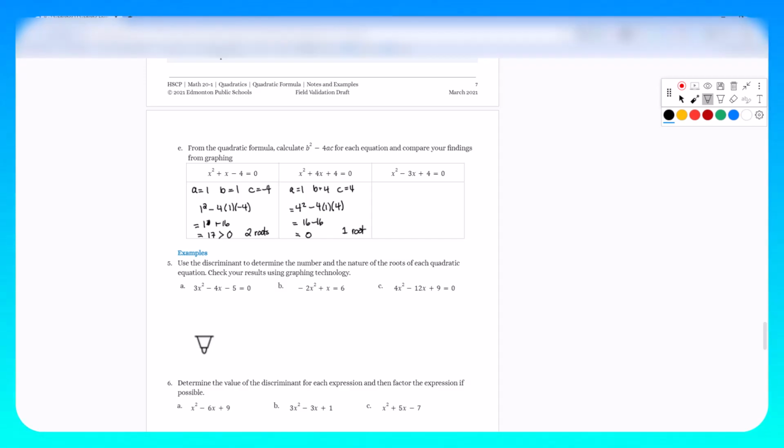And for the last one, a equals 1, b equals -3, and c equals 4. So we get b squared, which is -3 squared, which is 9, minus 4 times 1 times 4, which is 9 minus 16, which is -7, which is less than 0, which means we have 0 roots.